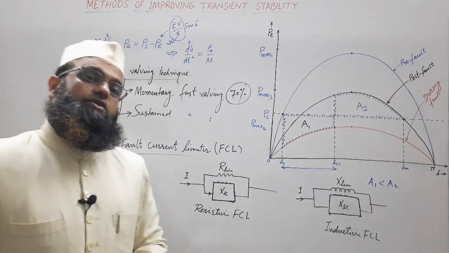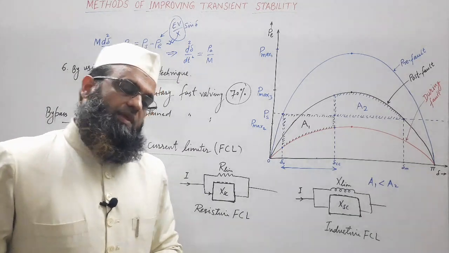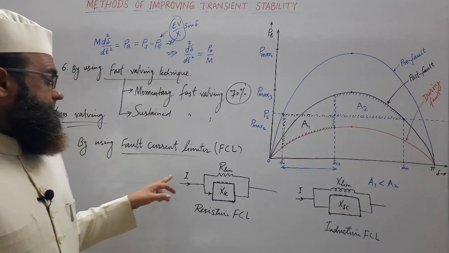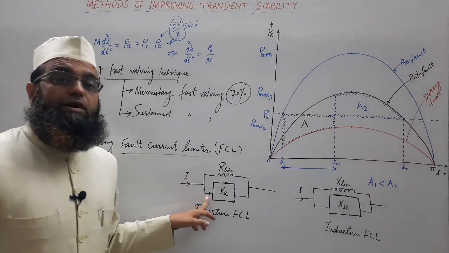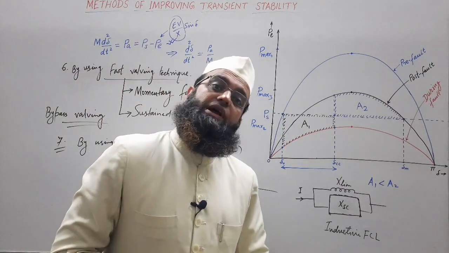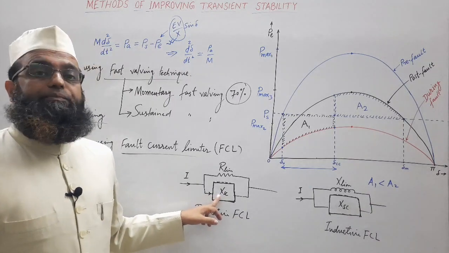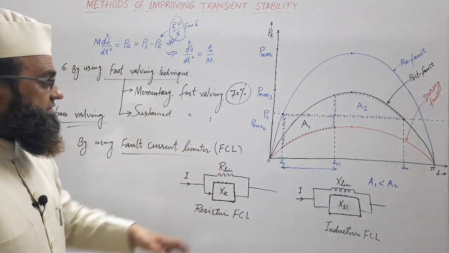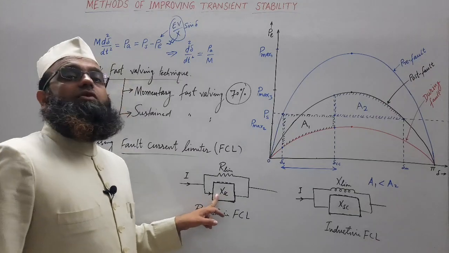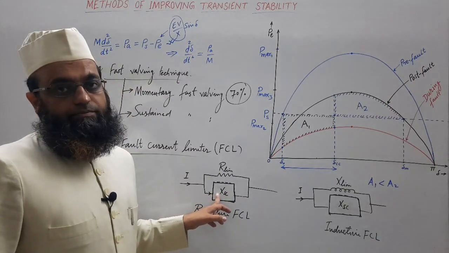As soon as a fault occurs, this current reaches the activation current of the superconductor, which results in an instantaneously increased reactance of the superconductor.